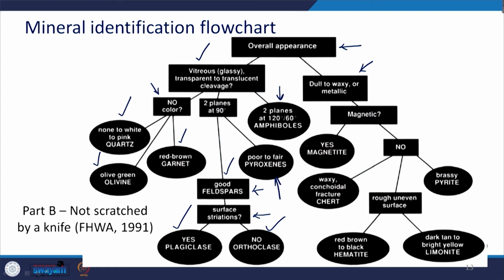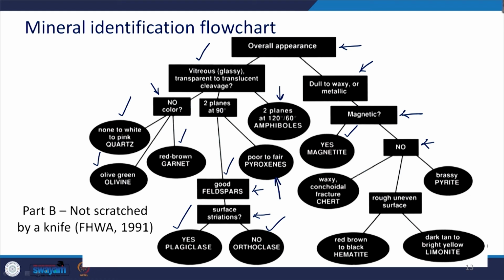In case it is dull to waxy or metallic, the next question is whether it is magnetic or not. If it is magnetic, the mineral is definitely magnetite. If it is not, then again the problem is I cannot identify.